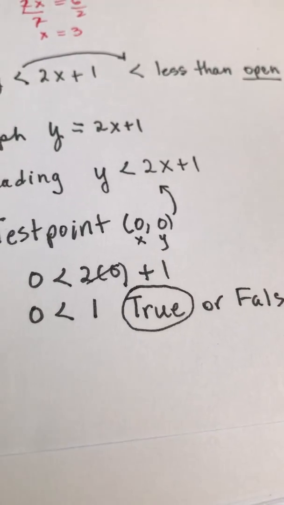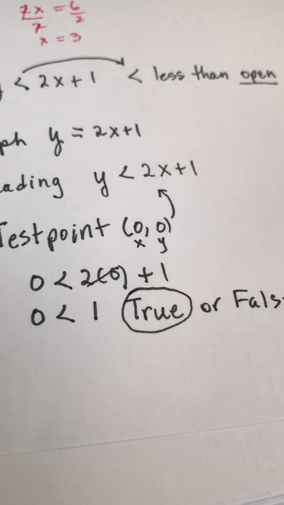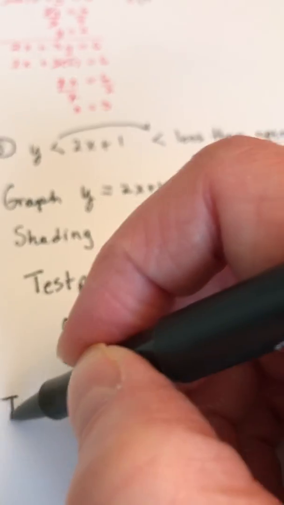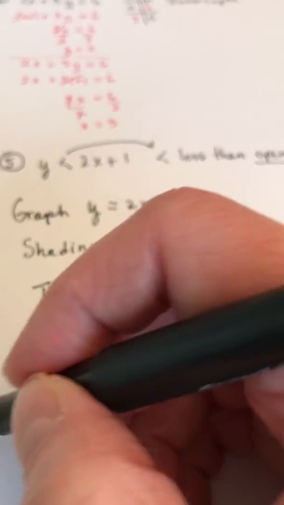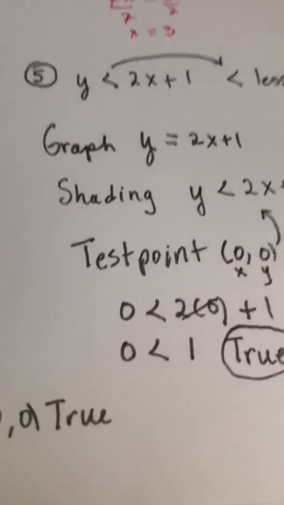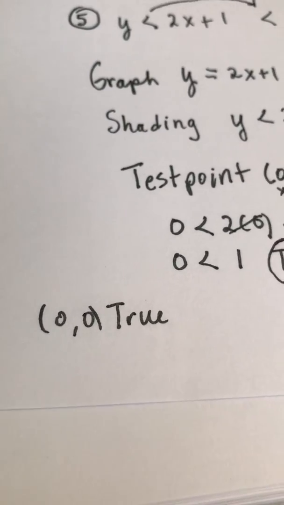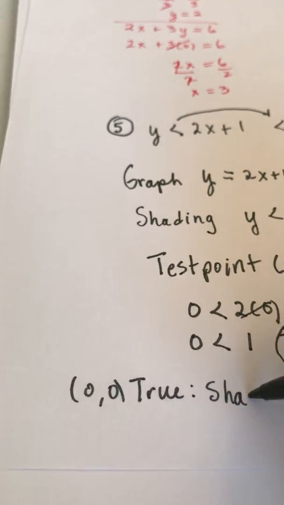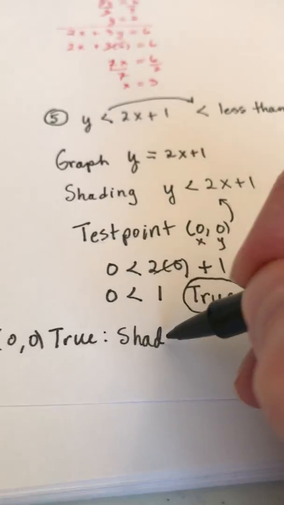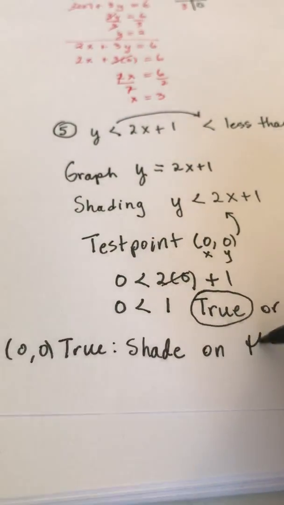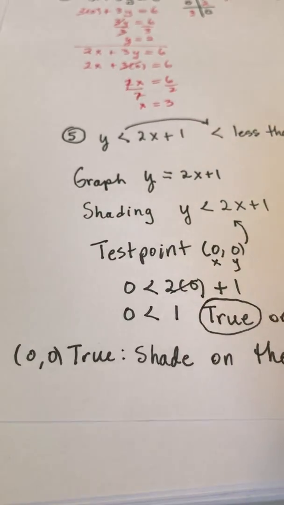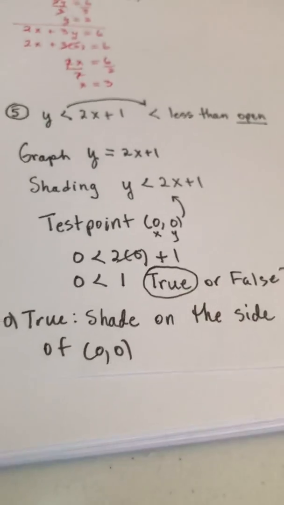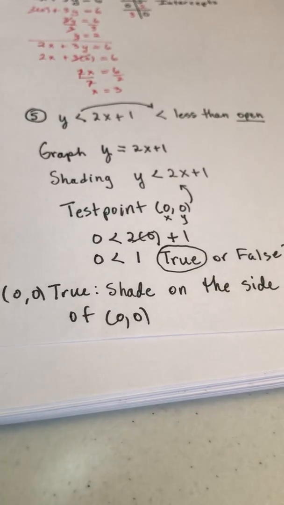When it's true, you shade on the side of the 0, 0. I'm going to write that down. So true: the test point that we put in made that inequality true, so we shade on the side of 0, 0.